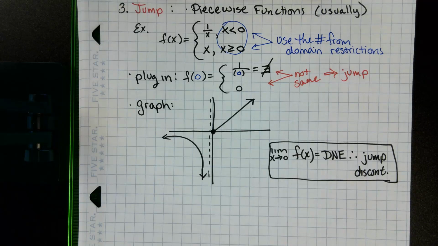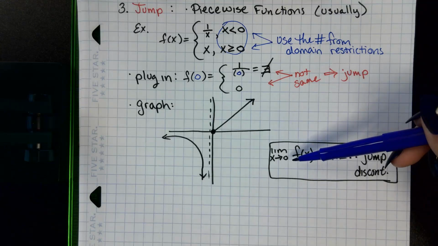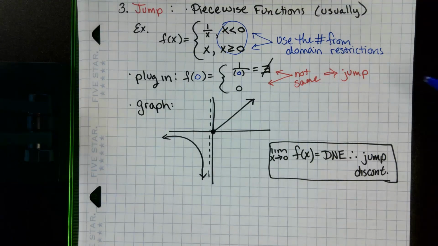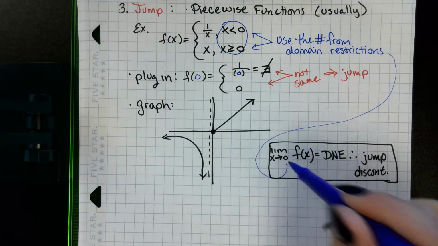Again, this number that x goes to comes from this domain restriction. So this is also telling you that right there.